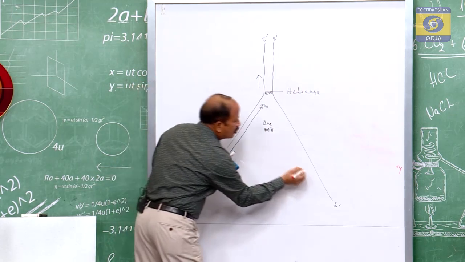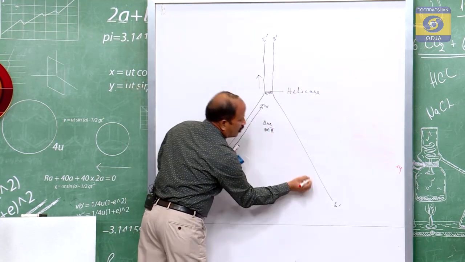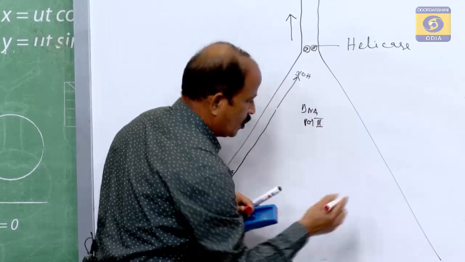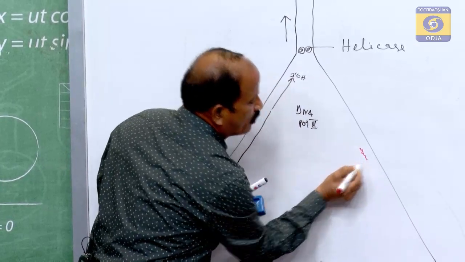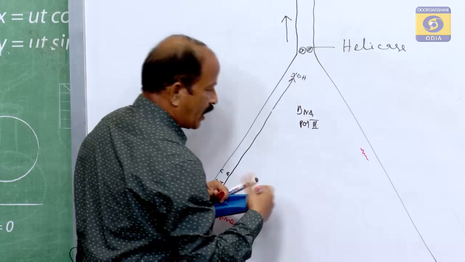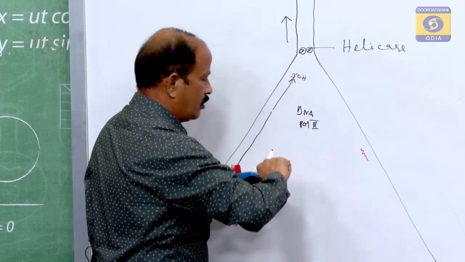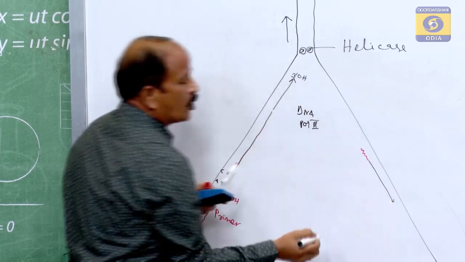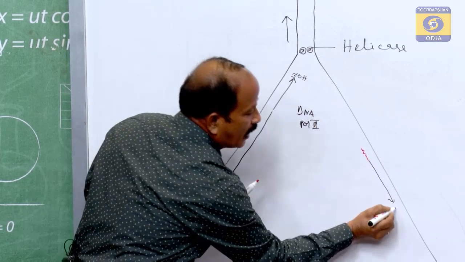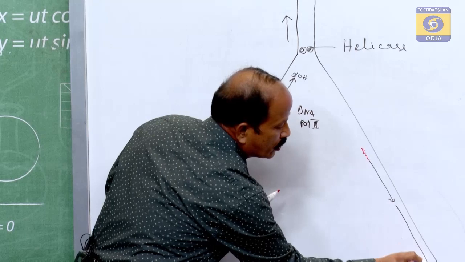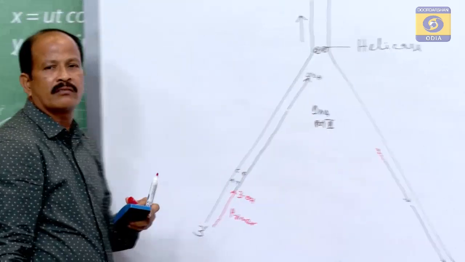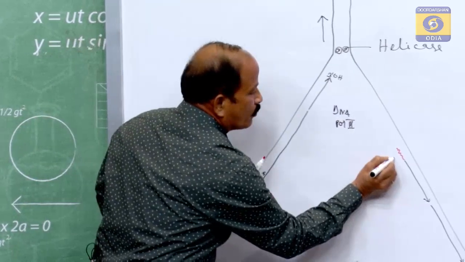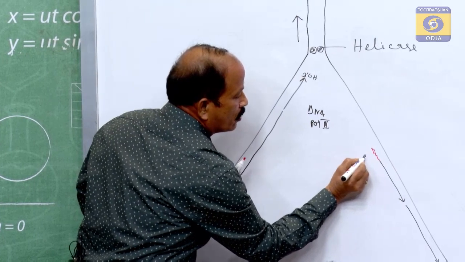Similarly, here we can see one RNA primer. To this RNA primer, the DNA elongation takes place, but prior to that another segment is there. Here it is the primer.